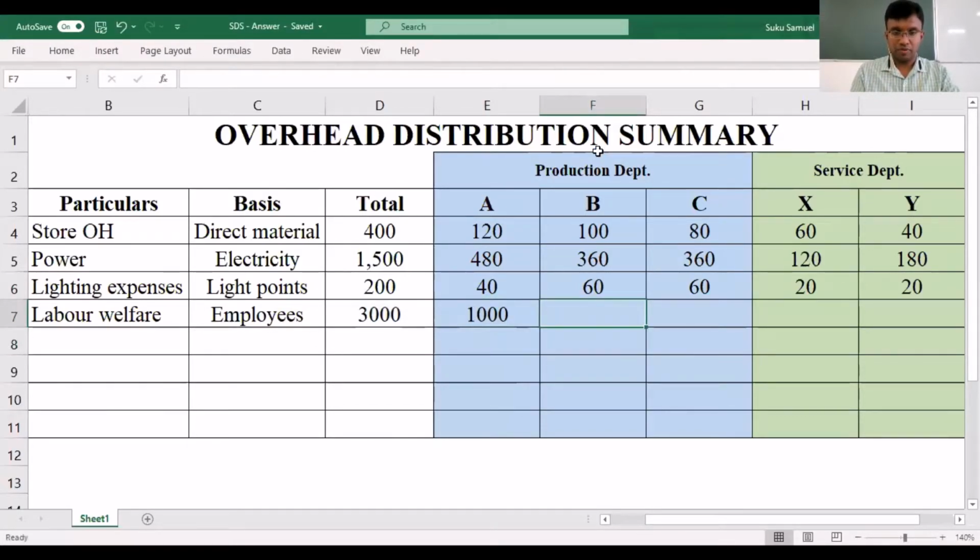So that is 1,000. Let's move on to the next one, 150. 150 divided by 600 into 3,000 is 750.